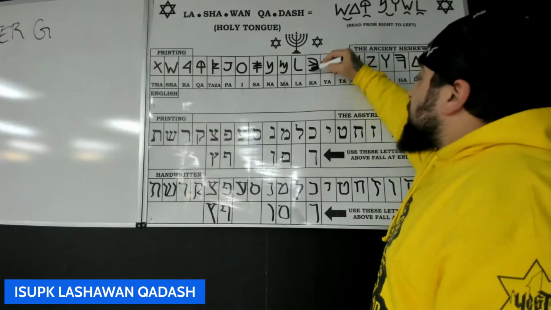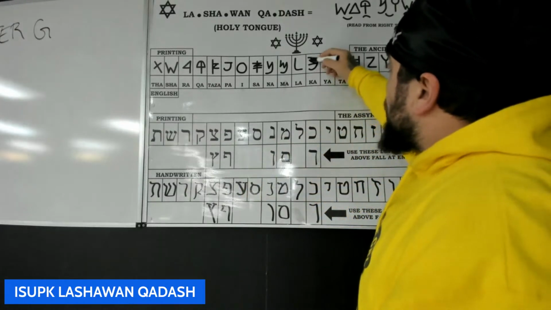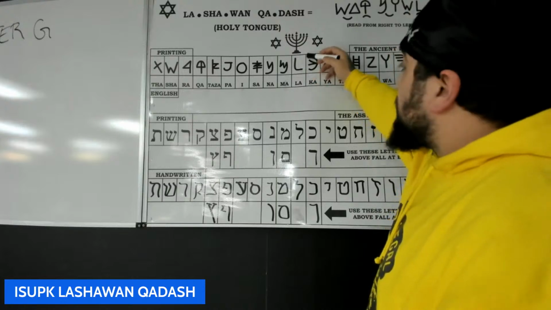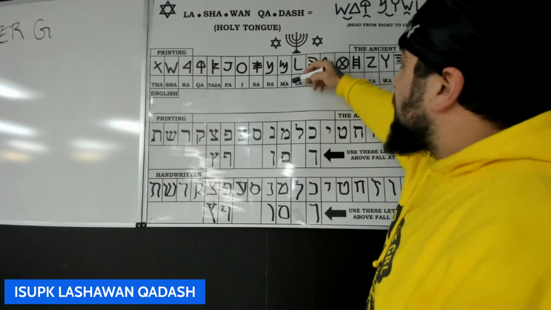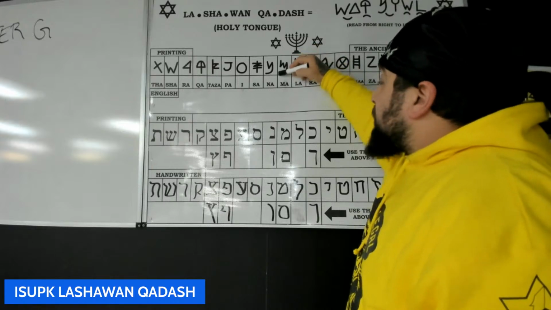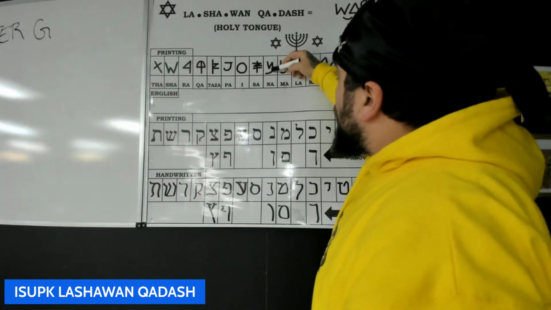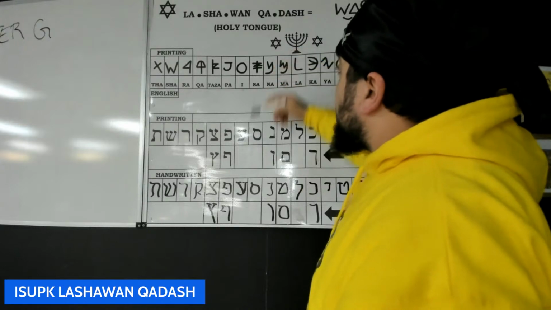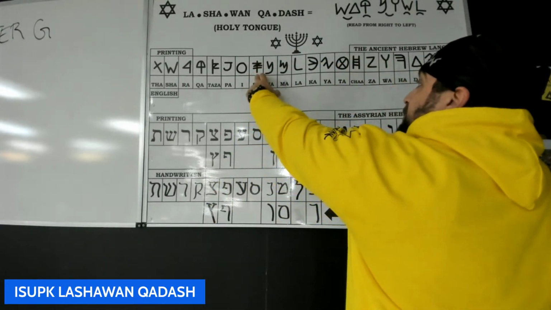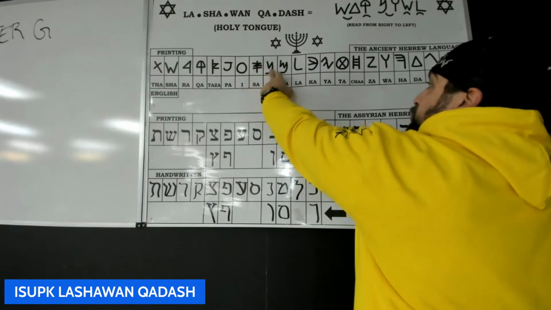Ka is like a flipped C, a mirrored C with a V in the middle. La is basically like an L with no sharp point at the bottom. Ma is like a W at the top with a Y form coming down towards the bottom. Na is like a V formation at the top with a Y formation at the bottom. Sa is like a line from top to bottom, a Z form at the top, and right below it you strike another line.